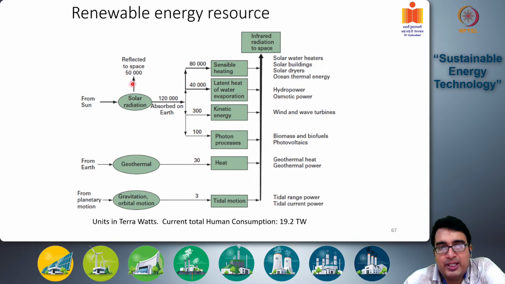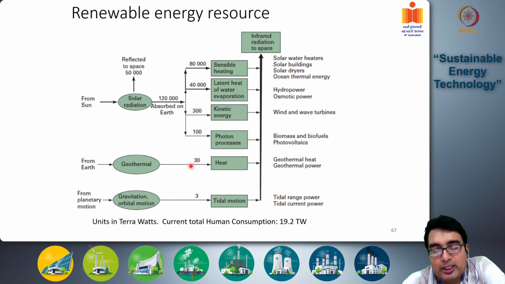Part of the solar energy is being reflected back into space, but that which is being absorbed by Earth is around 120,000 terawatts of energy. So Earth is absorbing 120,000 terawatts of energy from solar radiation. 50,000 is getting reflected to space through clouds, etc.